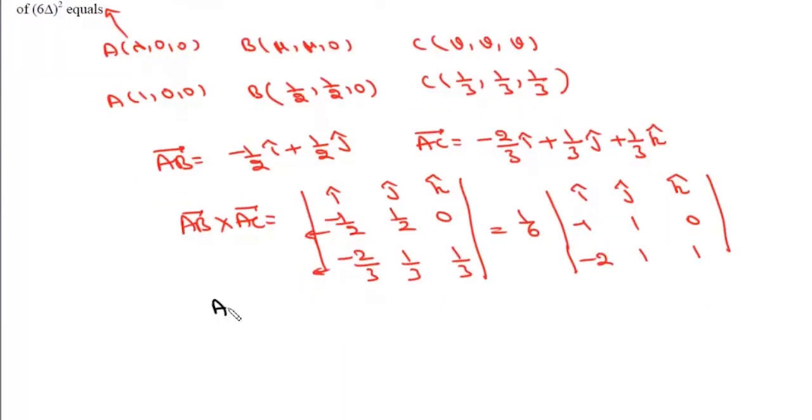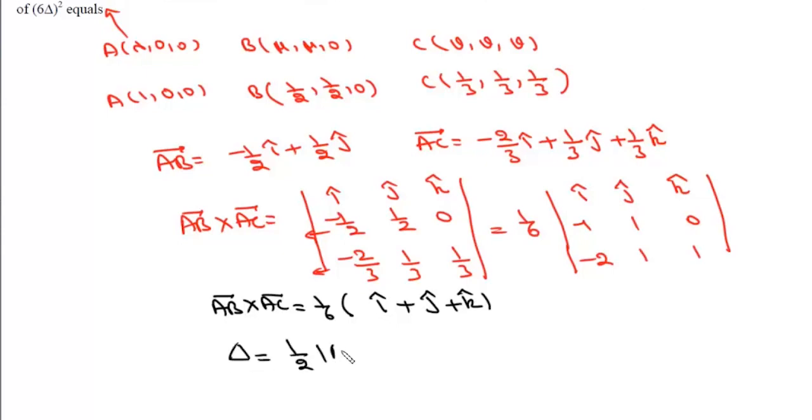Now we solve this cross product, we can write AB cross AC as 1 by 6. Now this is i plus j and plus k. Now the area of this triangle is 1 by 2 mod of AB cross AC.